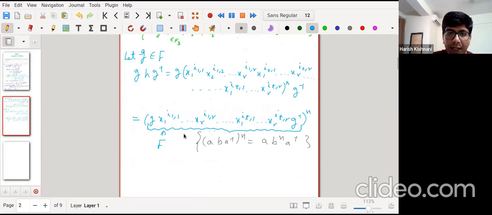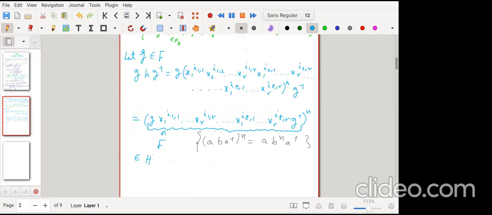So whatever is inside, that is inside F. Okay. So this simply belongs to H. You agree? Because it's a power of an element of F. Yes, sir. Okay.